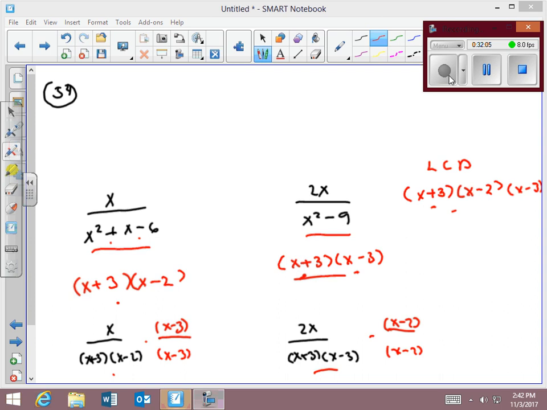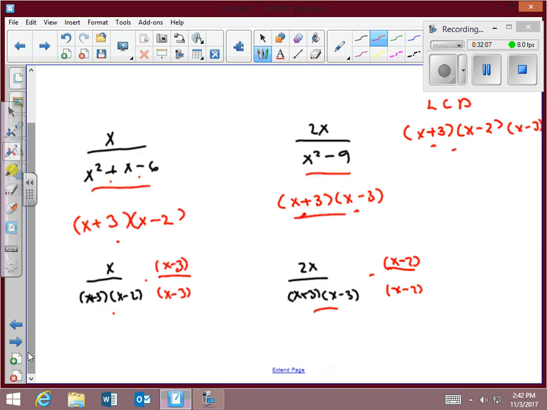So now what I want to do is simplify this thing. The denominator here is X plus 3, X minus 2, X minus 3. It's the same as the least common denominator. The numerator is X times X minus 3, right?